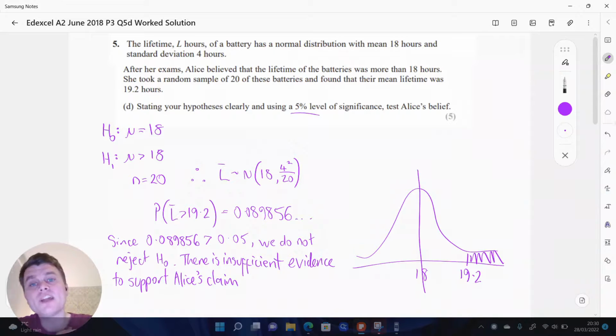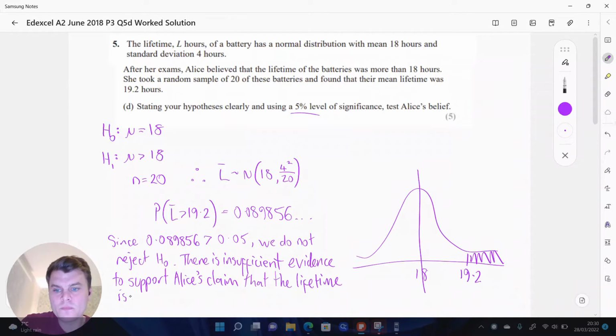There is insufficient evidence to support Alice's claim that the lifetime is greater than 18 hours.